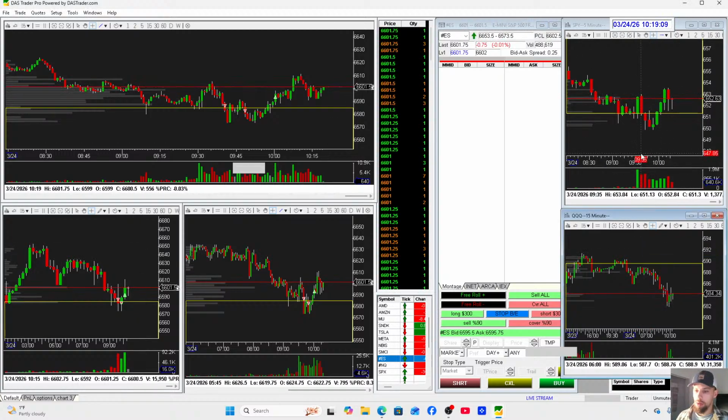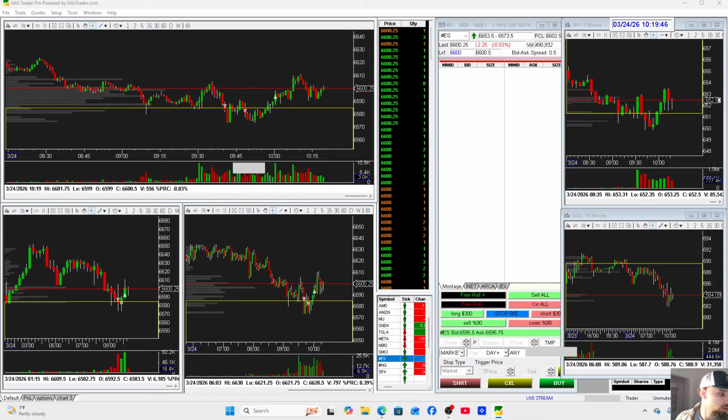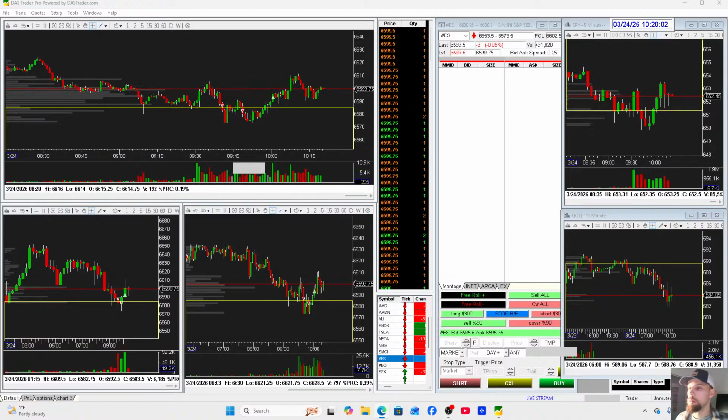SPY and Qs looking pretty bullish, trying to definitely find support at that 651. Tesla. Not much really going on, guys.